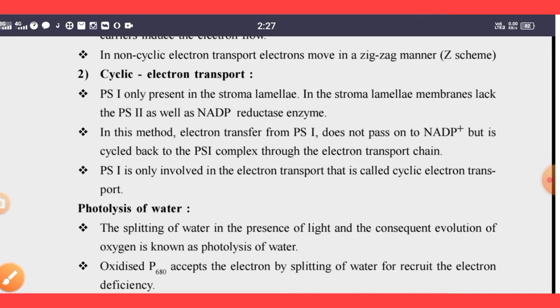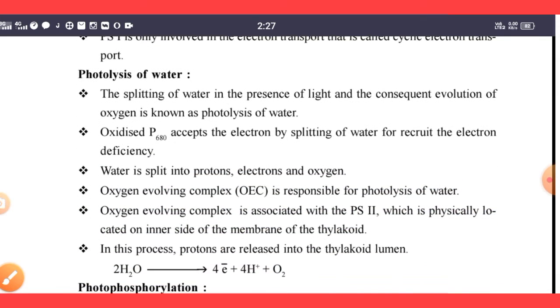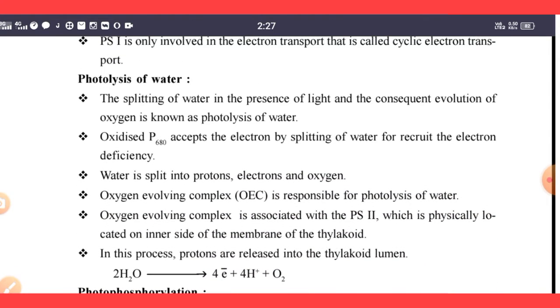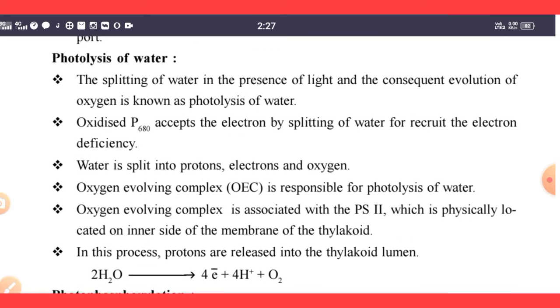So now let us discuss the most important topic here, photolysis of water. It is an examination question, 2 marks also.